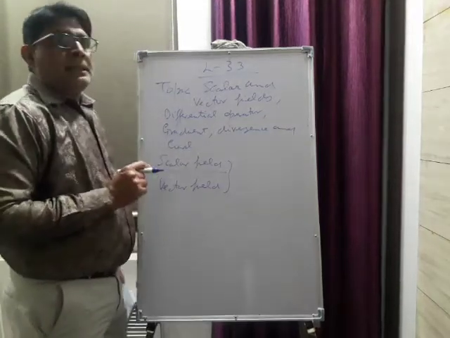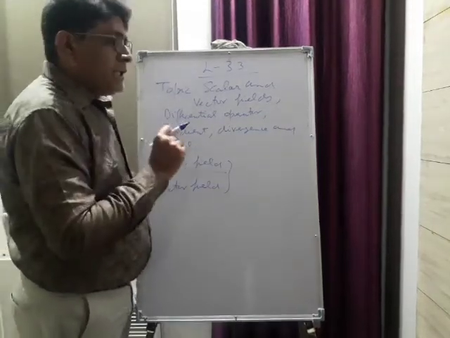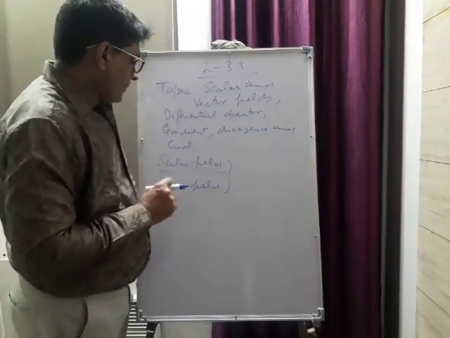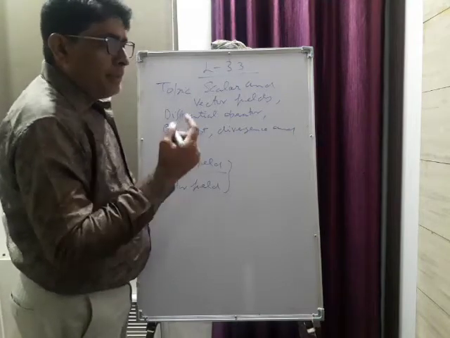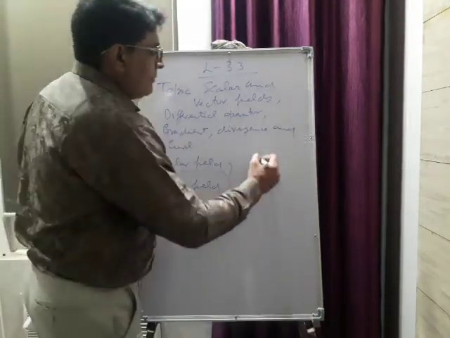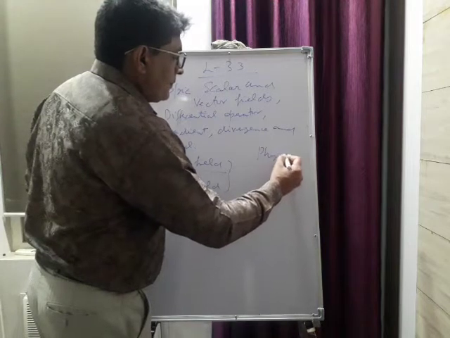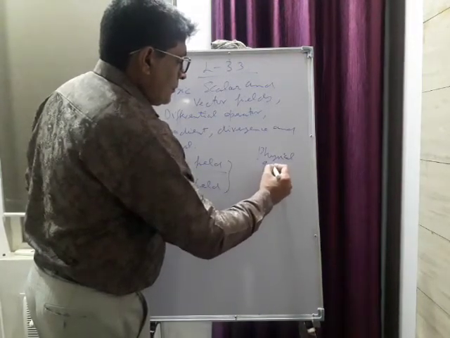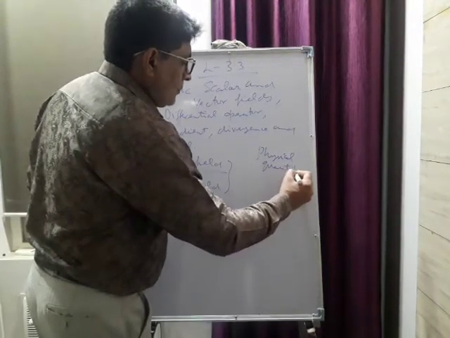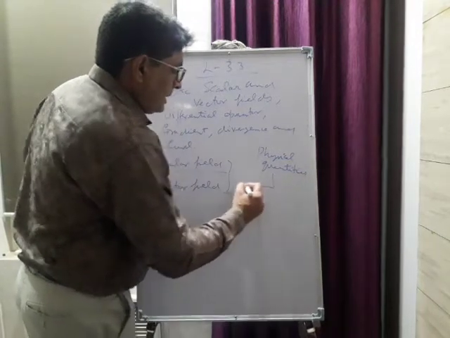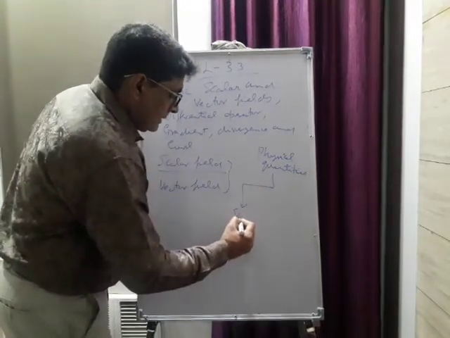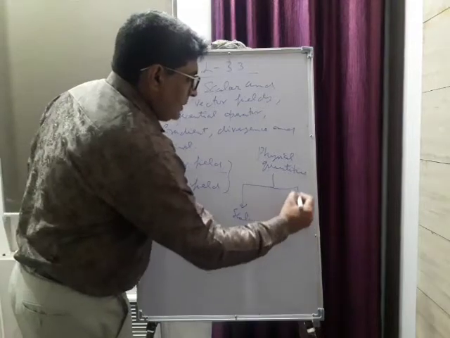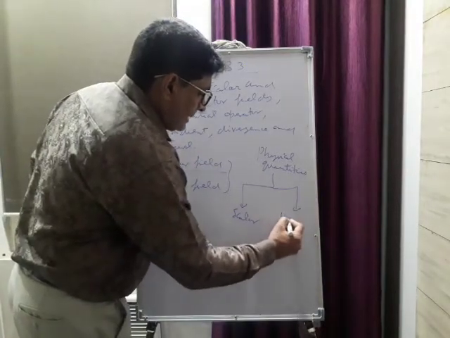We know that physical quantities are of two types. One is scalar and the other is vector.